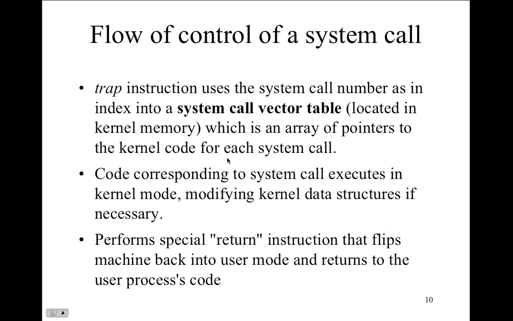So okay, going back to the slide, the system call vector table is located in the kernel memory, which is an array of pointers to kernel code for each one of the system calls. Nobody likes pointers, but pointers are kind of fun because why actually load everything? Instead, you can create pointers, and then the pointers can load it when it's needed.